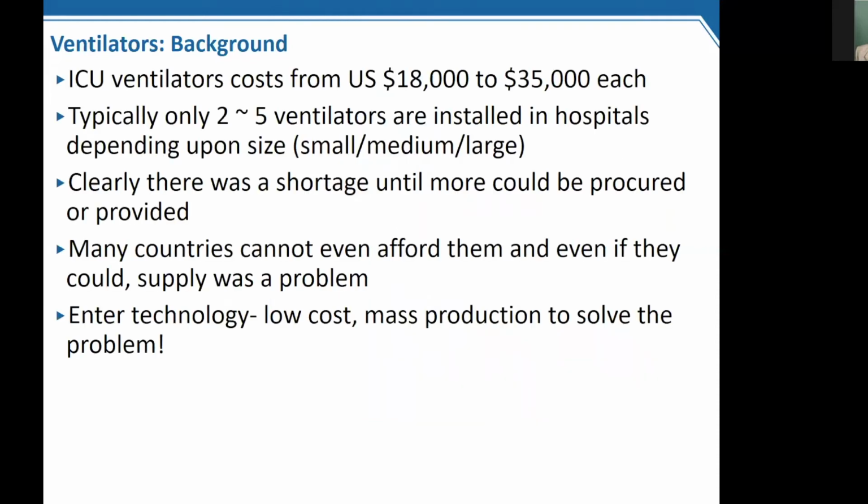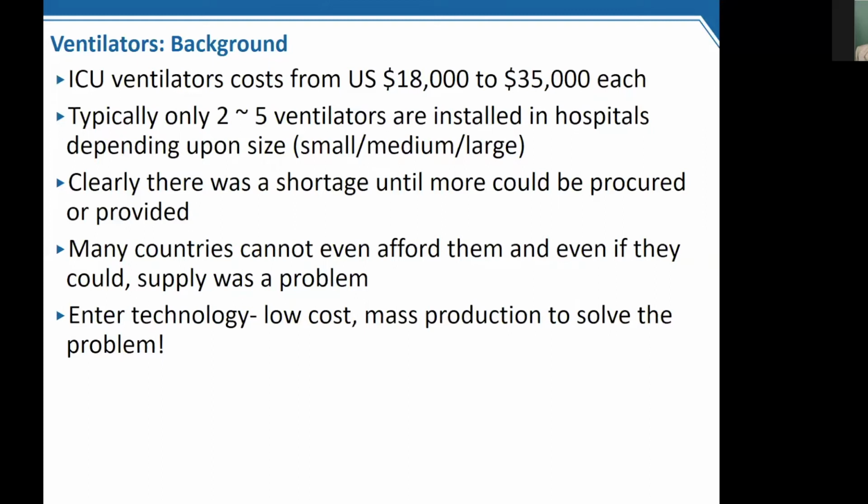What is tough about ventilators is modern day ventilators cost an awful lot of money, anywhere from 18 to 35,000 dollars. That's why typically in hospitals, you only would have a few ventilators on hand. But with more people getting impacted by COVID, there is potential for shortage.